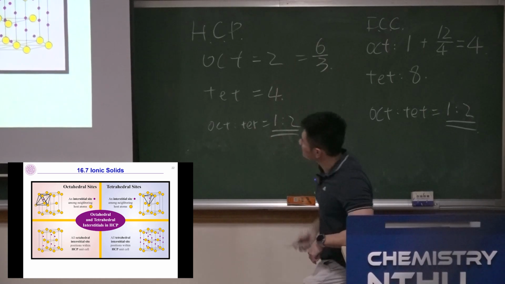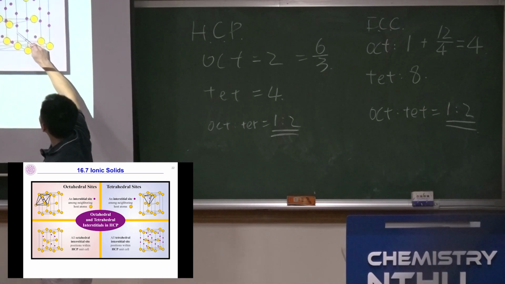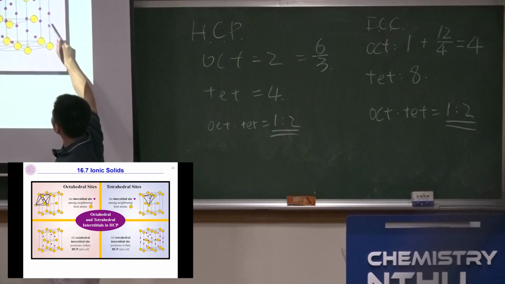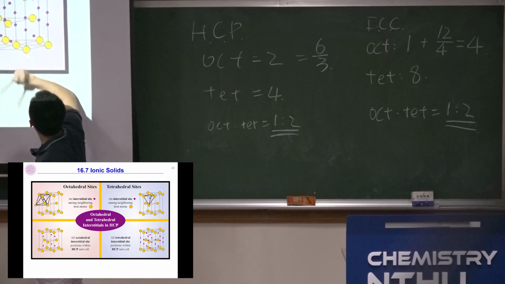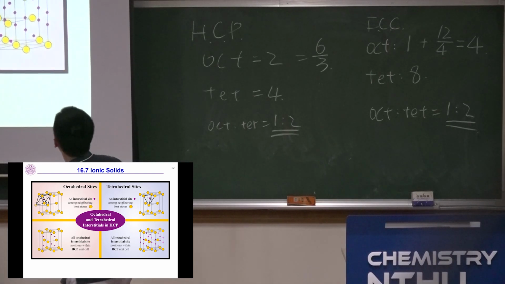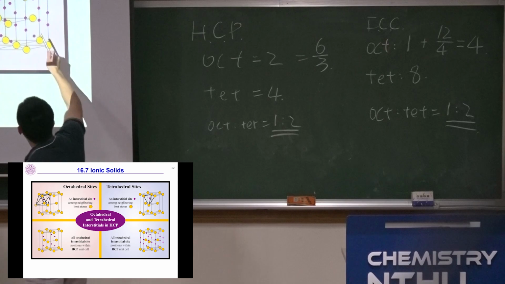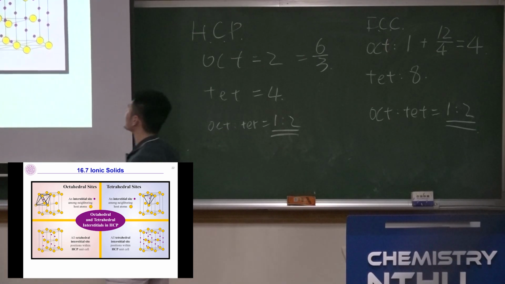So we have, let's see, 1, 2, 3, 4, 5, 6, 7, 8, 9, 10, 11, 12. 12 on the edge, and 1, 2, 3, 4, 5, 6 inside the lattice.